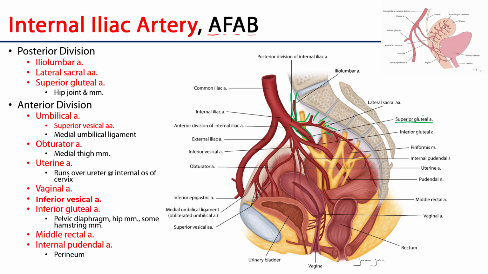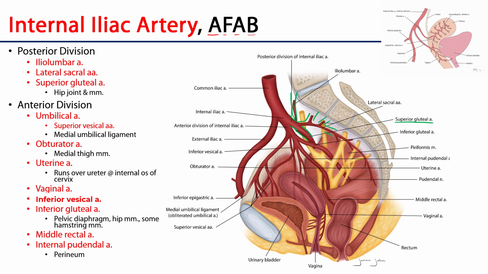Now, the anterior division has very many branches, and you're really going to have to pay close attention to where these branches are, not just originating from the anterior division of internal iliac, but also their targets as well. And we'll talk about that as we progress through.